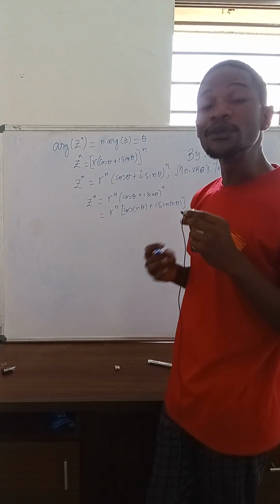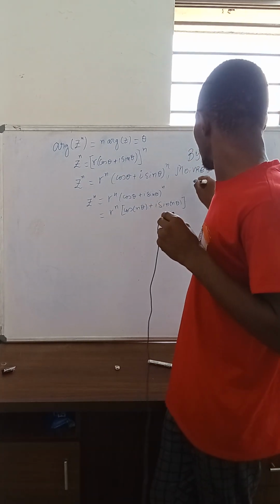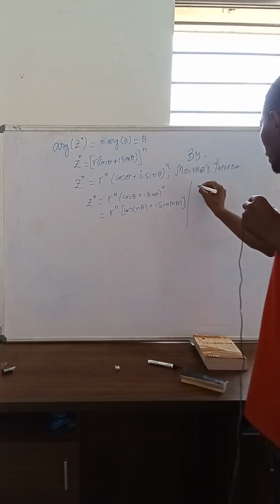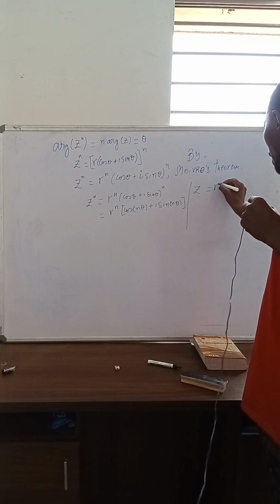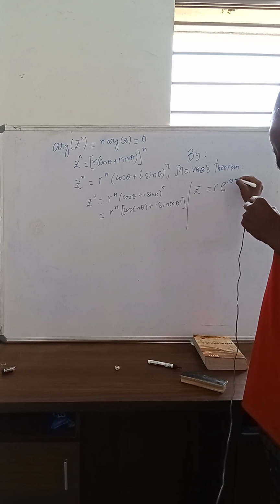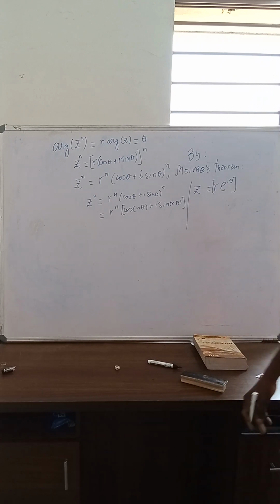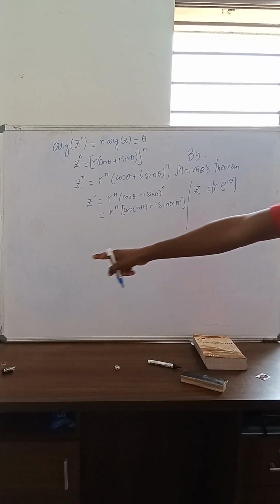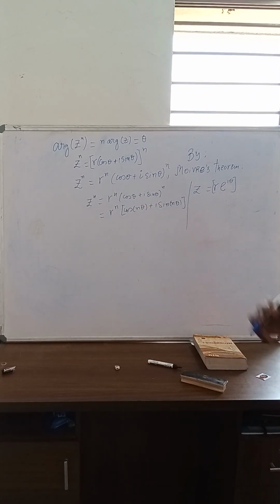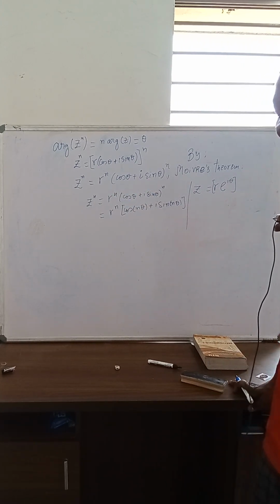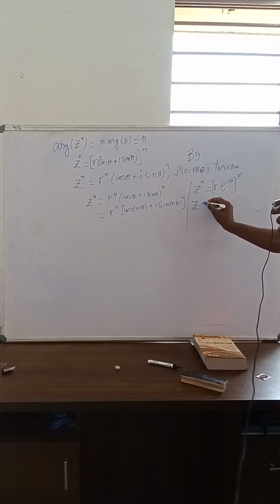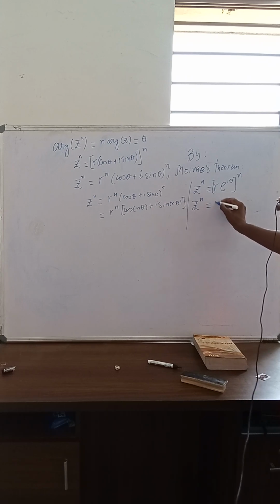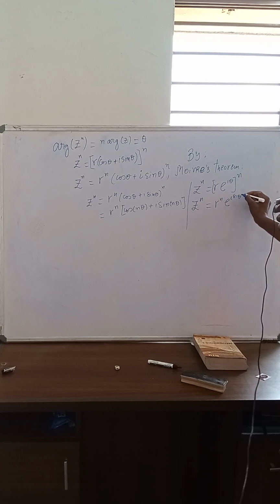But if you are confused about Moivre's theorem, you can also say, we know that z is equal to r e raised to i theta. This was the third form to represent a complex number. If we raise both sides to n, z raised to n will be r raised to n, then e raised to i n theta.